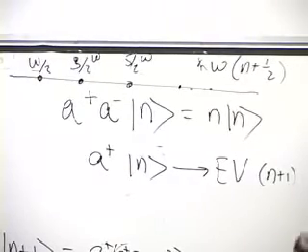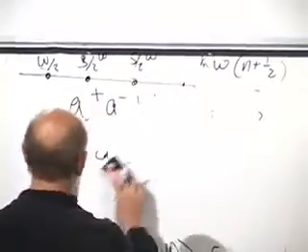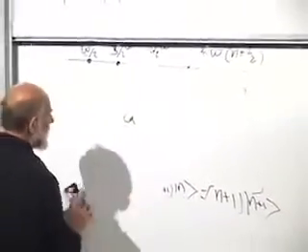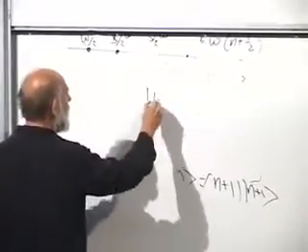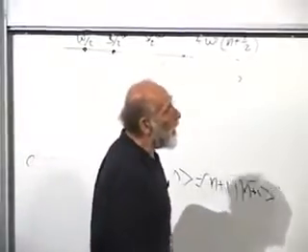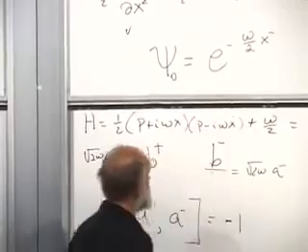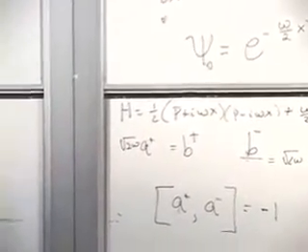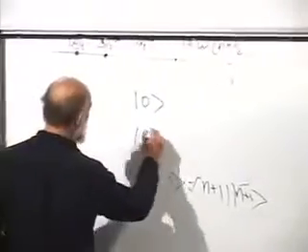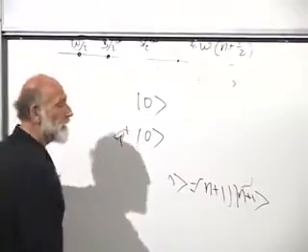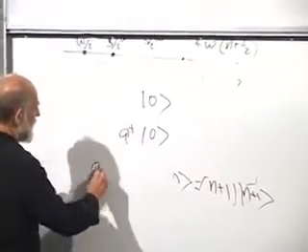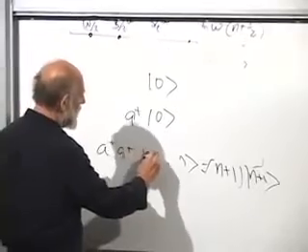Good. So here are all the eigenvectors of the energy. Start with 0. What is 0? It's the abstract vector associated with this. Multiply it by A plus. Multiply it twice by A plus.